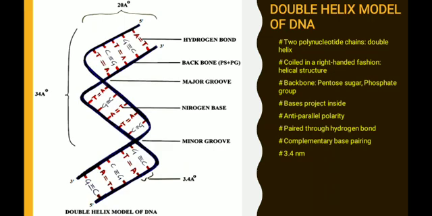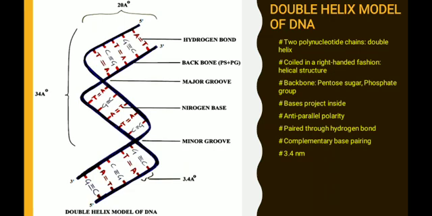Always the capital letters of nitrogenous bases in a DNA molecule represent the nucleotide, not just one base. It represents the entire nucleotide. And regarding the distance between the adjacent base pairs, one base pair is AT, the next base pair is GC.